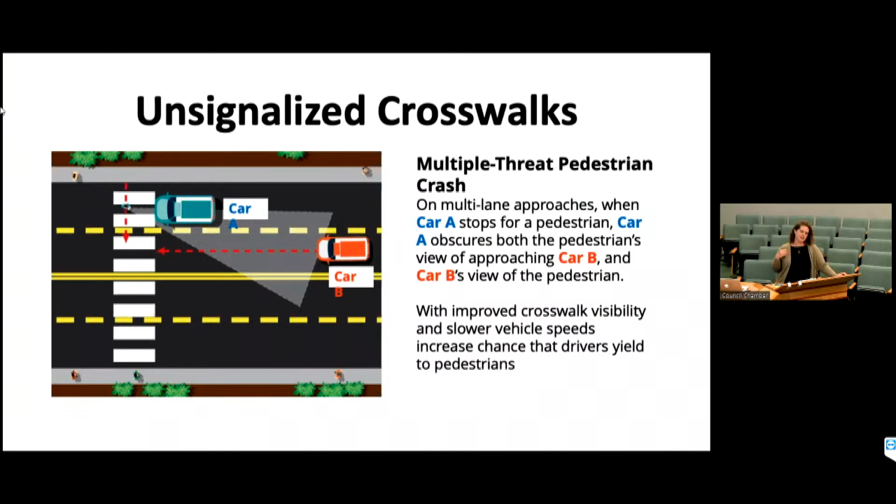By the time they see, react, and stop, they can be close to the crosswalk. And what that does is for any car approaching, car B here, approaching in this other lane, car A blocks the line of sight between the ped and car B. So now this ped essentially has to enter into another conflict point where the line of sight is poor.